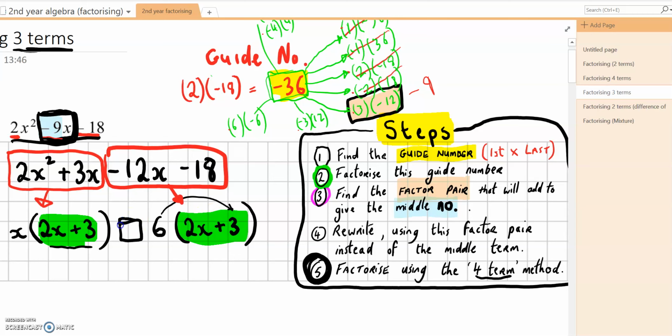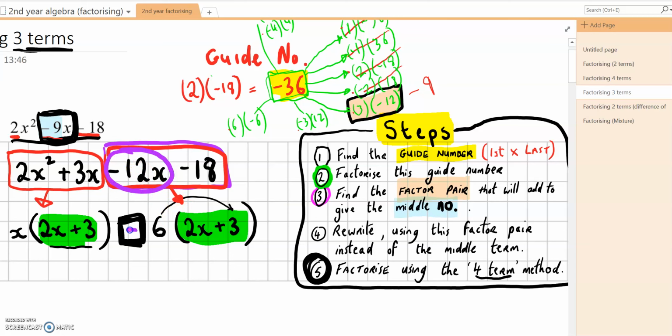And now I can worry about this middle sign. That's why I always say, leave the middle sign, this sign that goes here, till the very end, and work out what it would need to be to recreate what you have up here. So 6 by 2x, I need that to be a minus 12x.